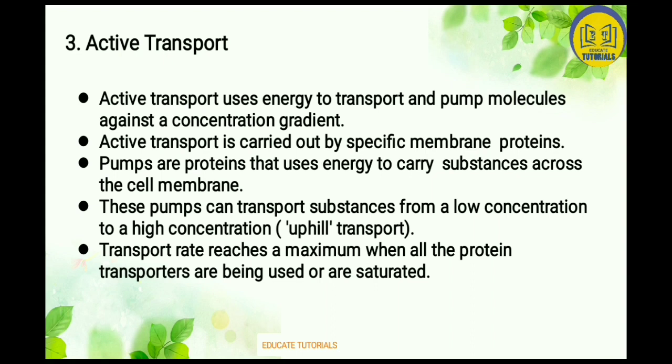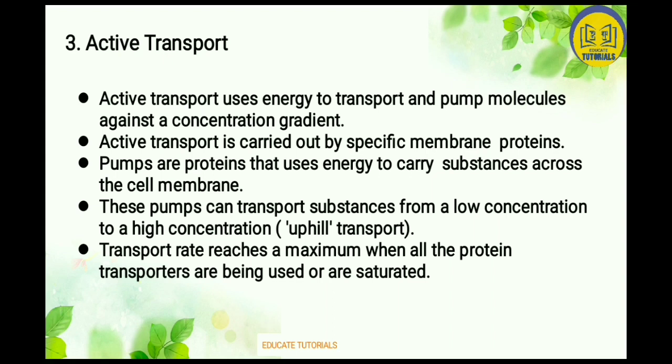Active transport is carried out by specific membrane proteins. These are pump proteins that use energy for carrying the substance across the cell membrane, and these pumps can transport substances from a low concentration to a high concentration. That is also known as uphill transport. Uphill means low to high.